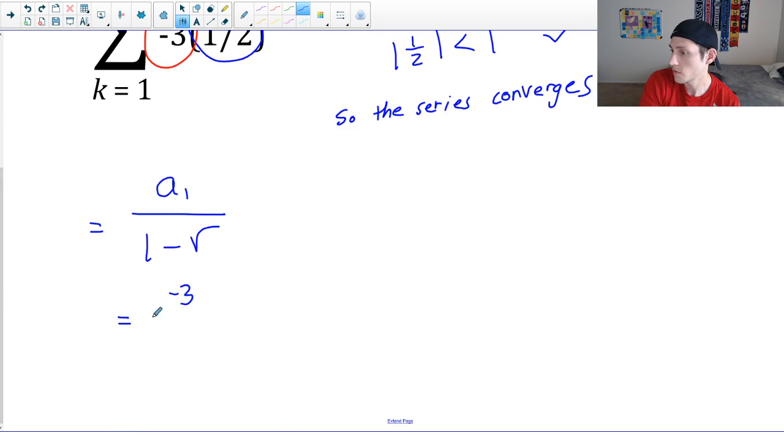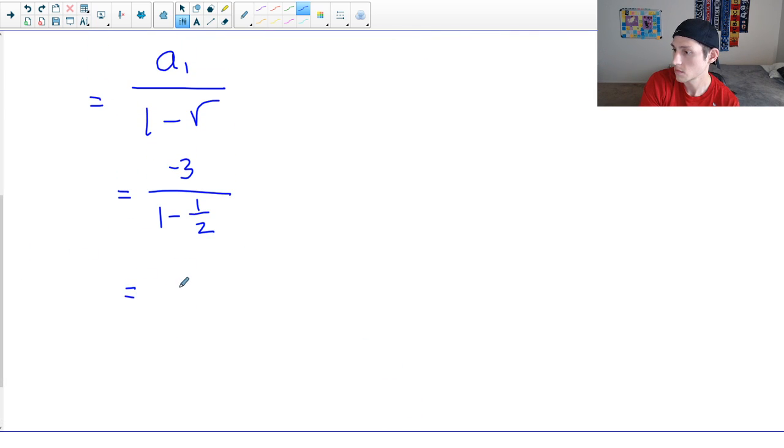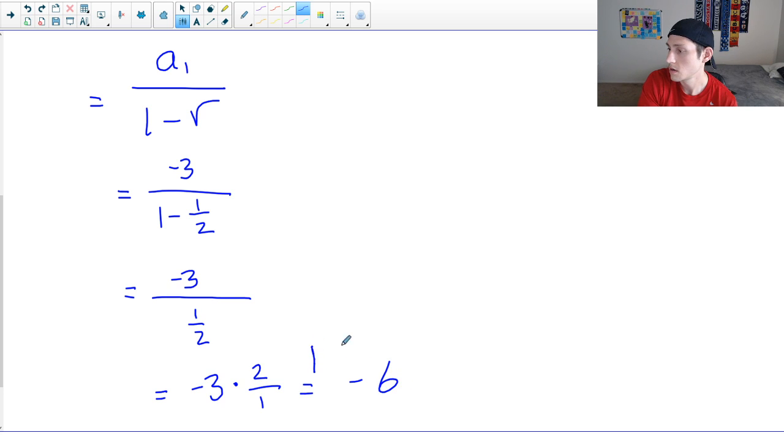So -3 over 1 minus 1/2. One minus 1/2 is 1/2. I'm dividing by a fraction, so we of course know that that's the same thing as multiplying by the reciprocal. So -3 times 2 over 1, which is just -6.